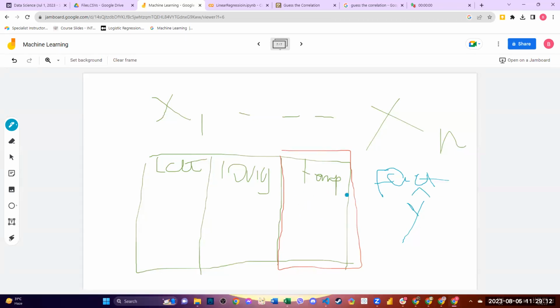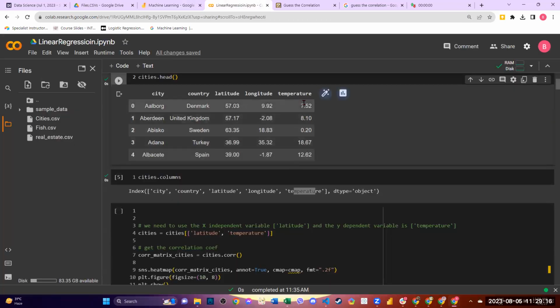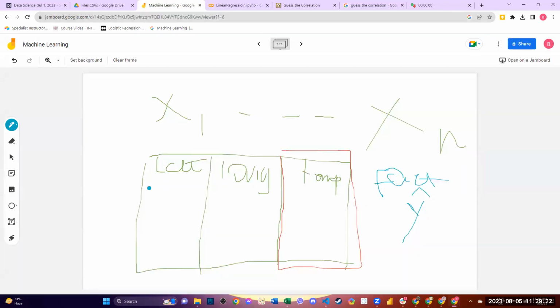The values of the temperature are numerical values, and also numerical values for our features. For our features, we have latitude and longitude, then our temperature.